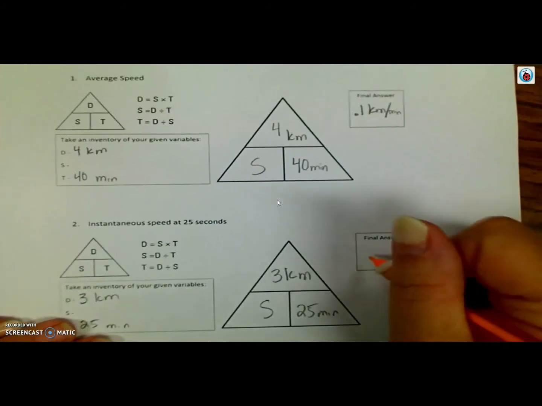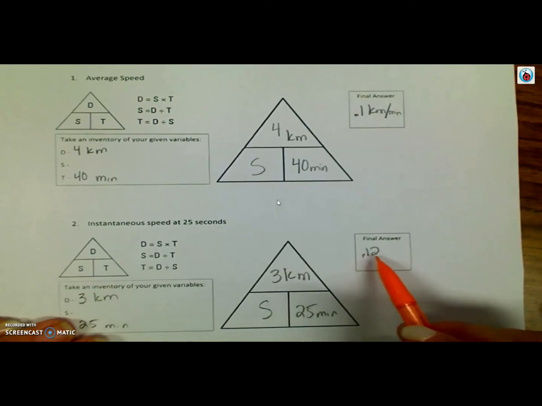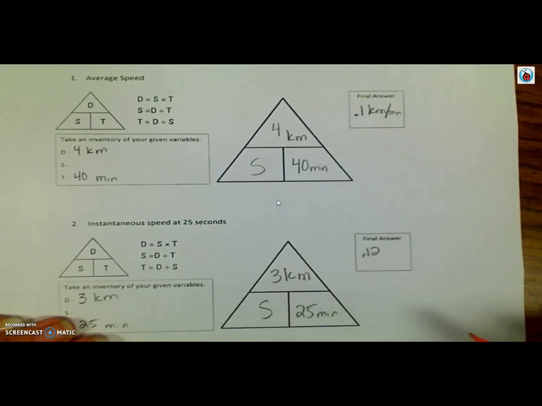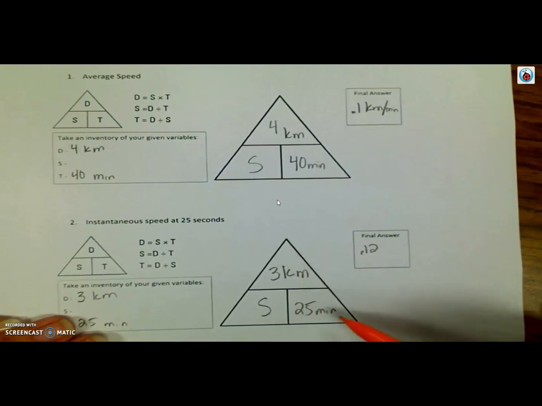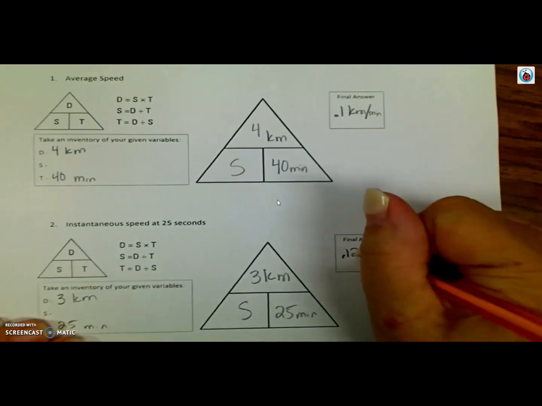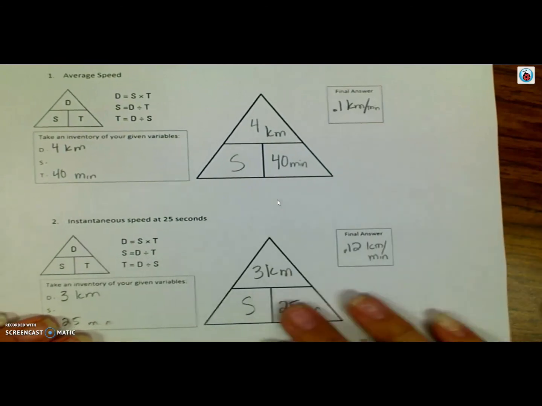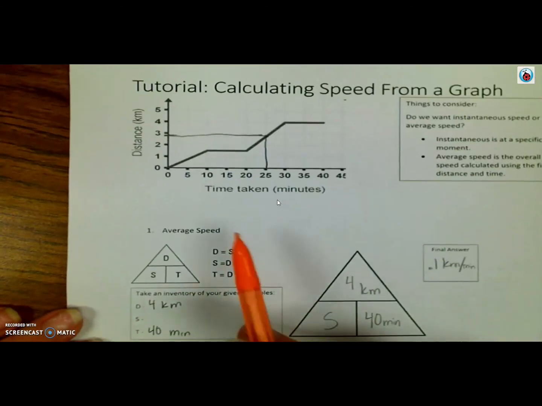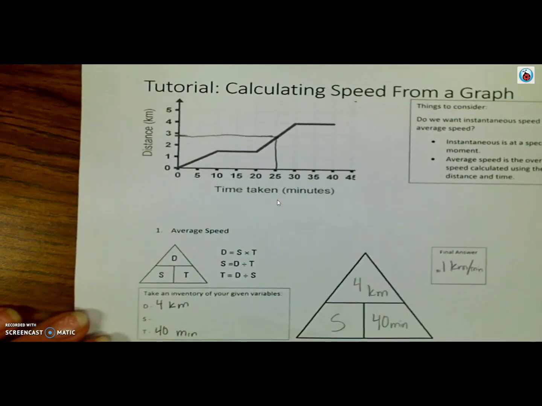That gives us 0.12. 0.12 what? What units do I put? When I have a speed, I need a distance parameter and a time parameter. So I put km per minute. And this is how you can use the coordinate pair from a graph to solve for speed.